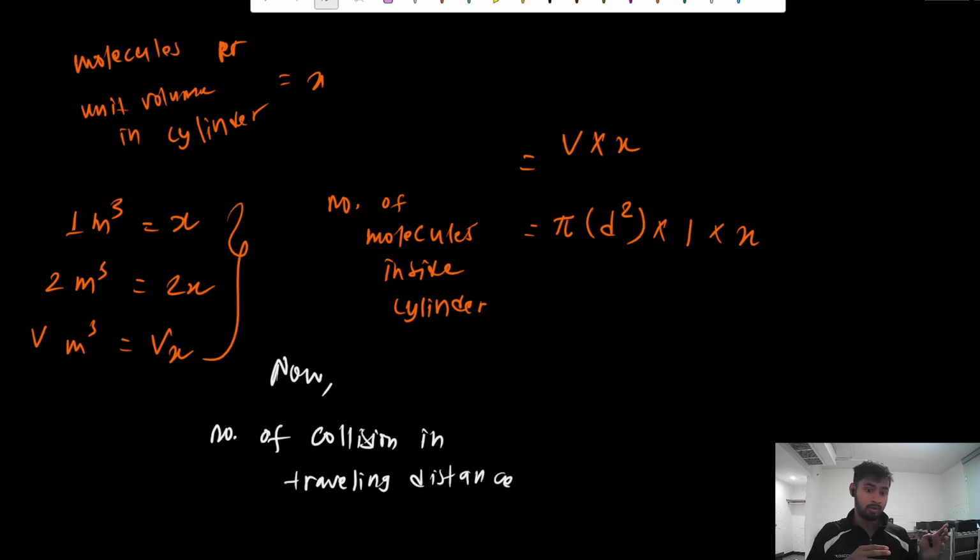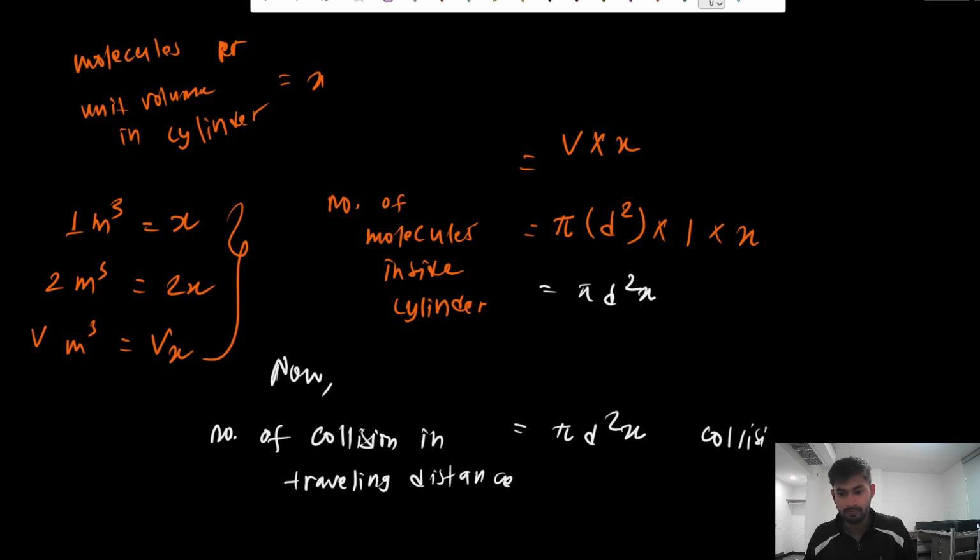We know that the number of molecules inside the cylinder is pi d squared times x, so the number of collisions in the traveling distance would also be pi d squared x collisions in 1 meter distance, which is coming from this place.